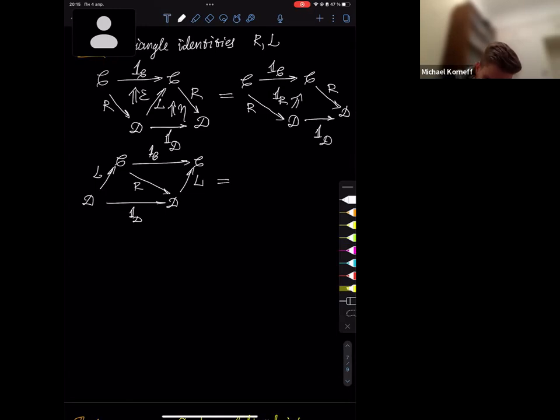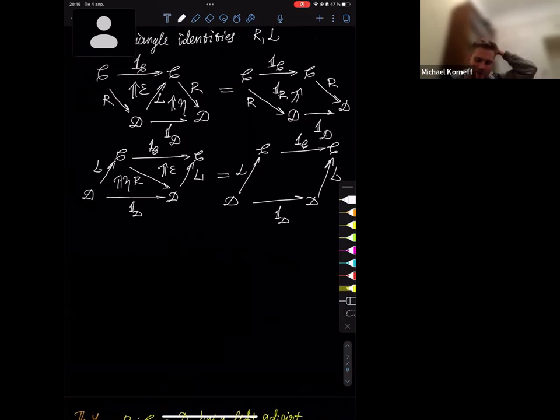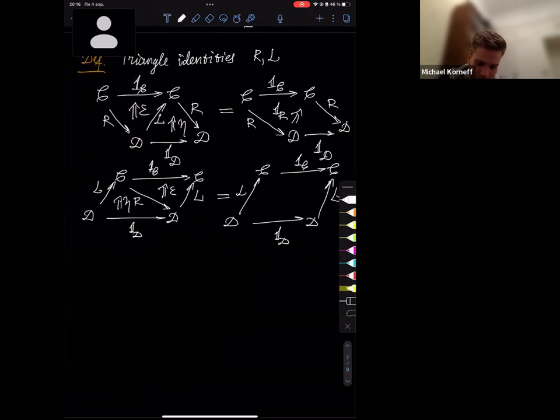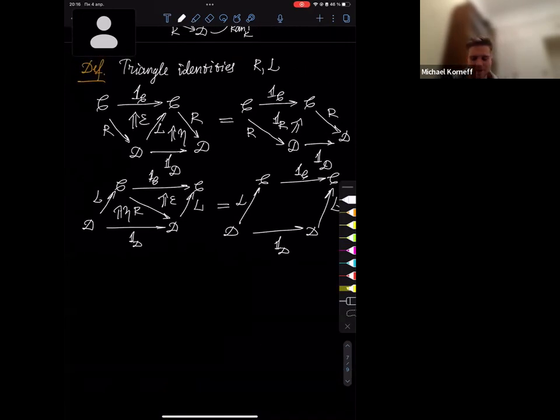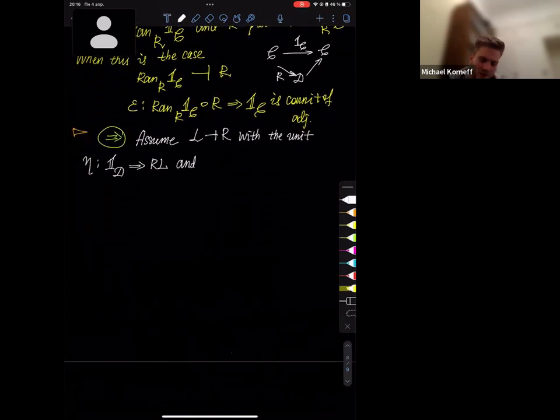Equals, and also. Okay, these are triangle identities, and these follow trivially from the definition of the adjunction. Okay, and we will use them in the proof.